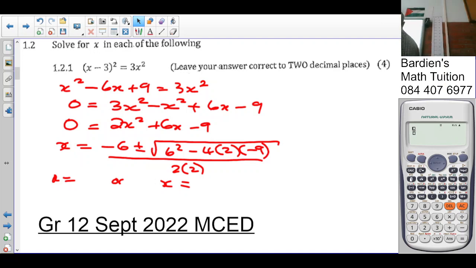So you have negative 6 plus the square root of 6 squared minus 4 times a times c over 2a. That gives you 1.1.